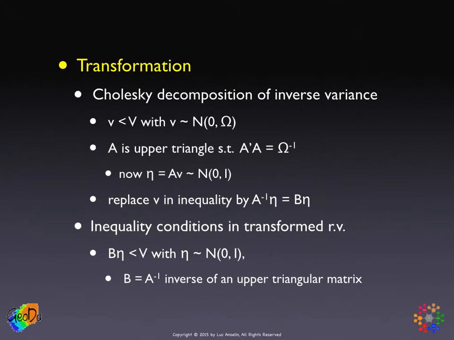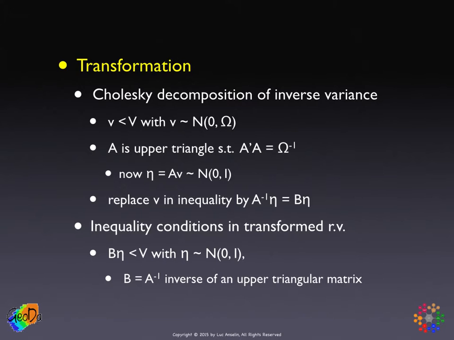So to make this concrete, if V is a multivariate random variable, a vector of n observations that has a variance covariance matrix omega, and we decompose omega inverse as A prime A, then if we pre-multiply V by A, we get a standard normal variate.